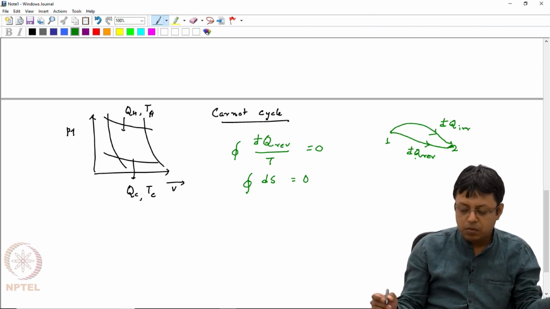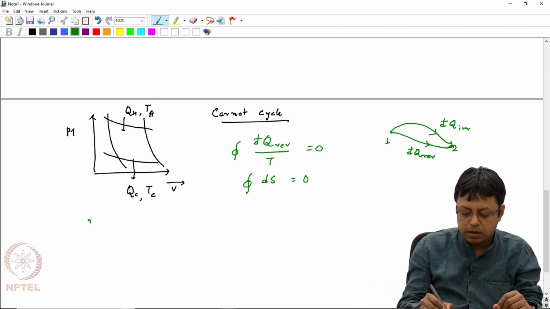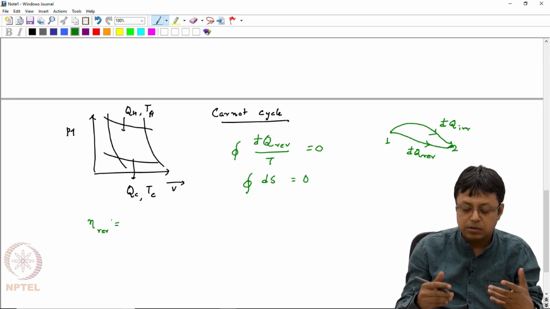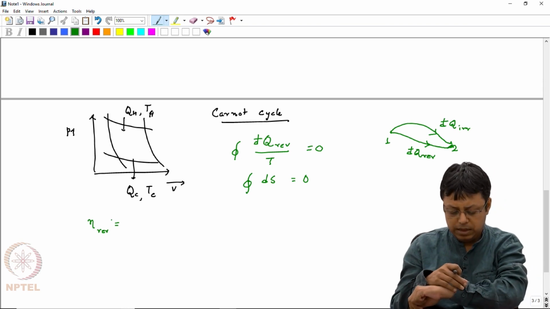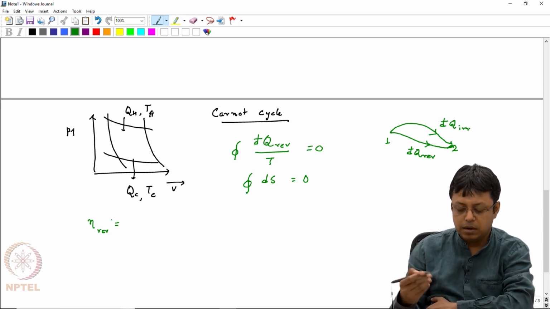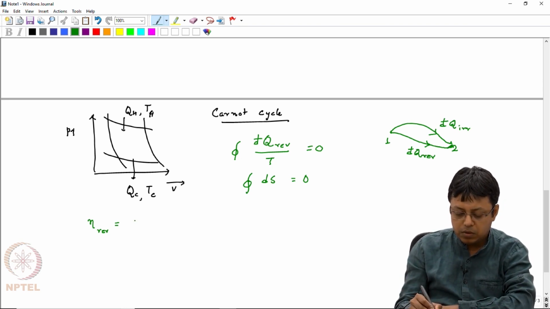And then we talked about the efficiency of the Carnot engine. For a reversible Carnot engine, because all the paths I have drawn in the Carnot diagram are reversible, it is nothing but 1 plus QC by QH.